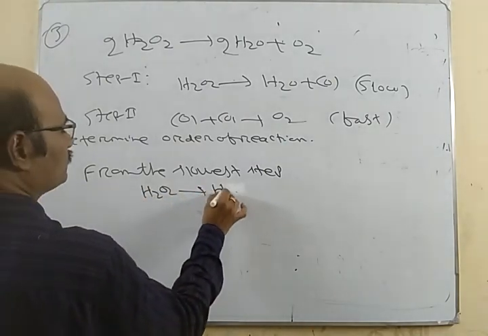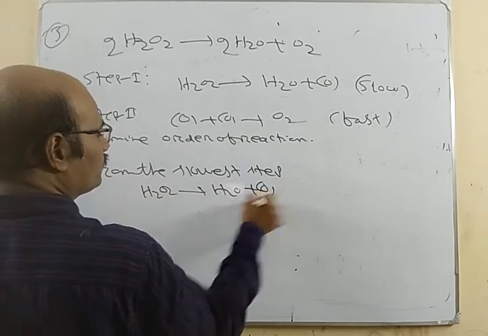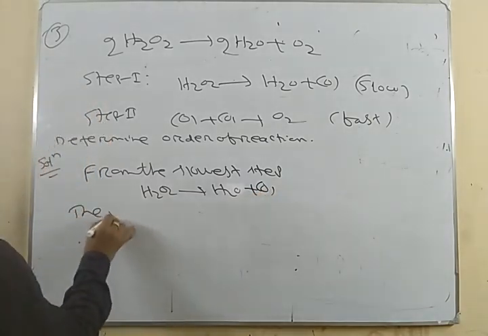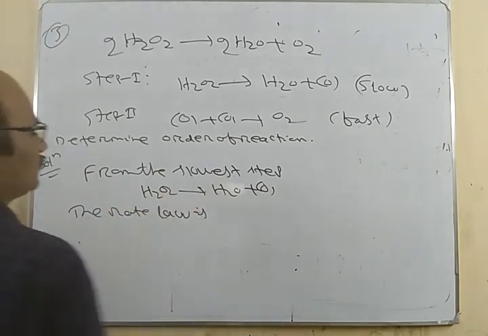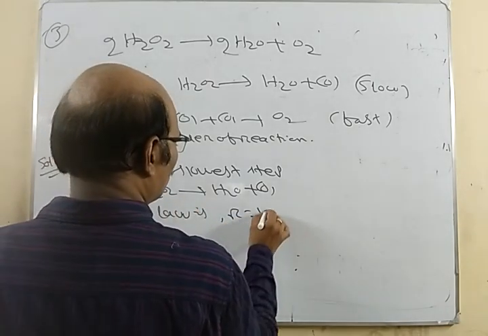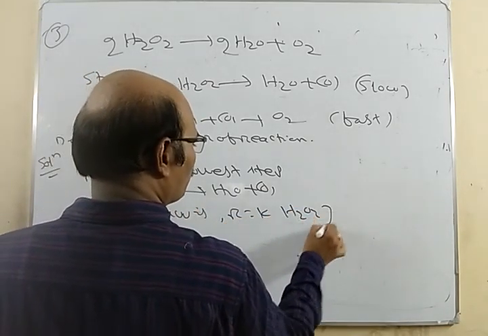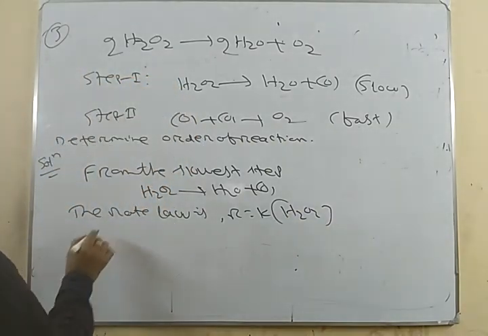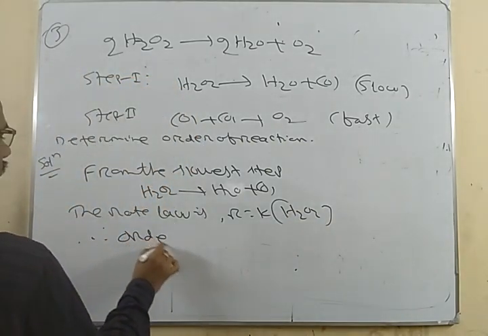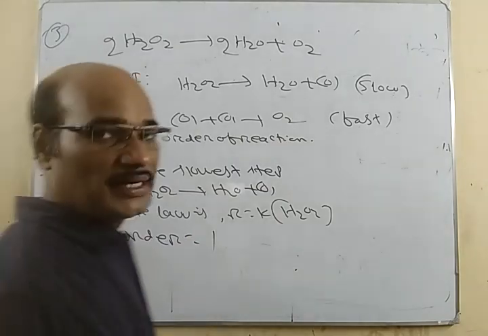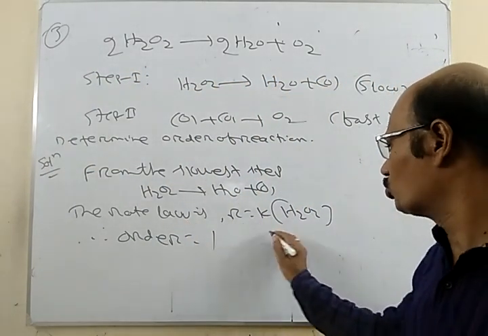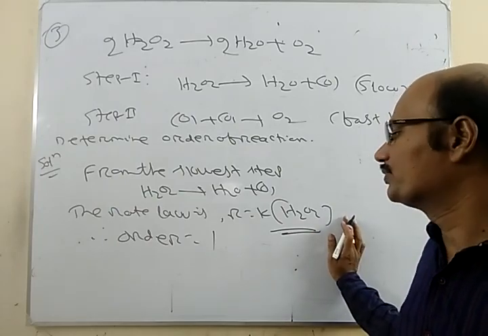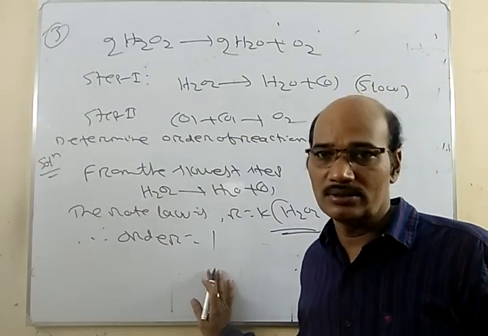From the slowest step, H2O2 gives H2O plus O, the rate law is R equal to K [H2O2]. Therefore the order is equal to 1, because in the rate determining step, in the rate law R equal to K [H2O2], one single term is there, so the order will be 1 here.